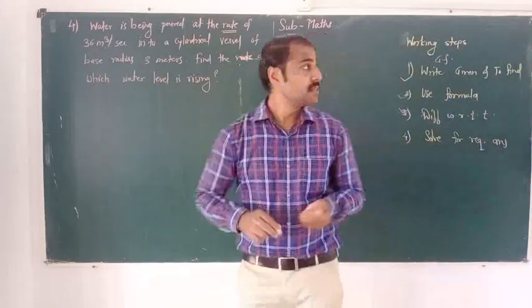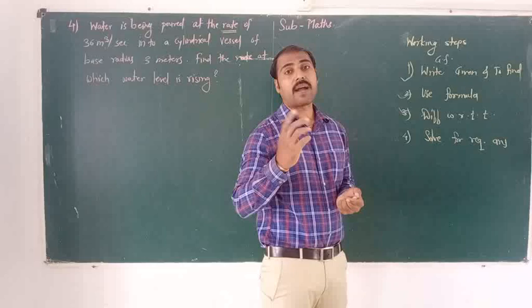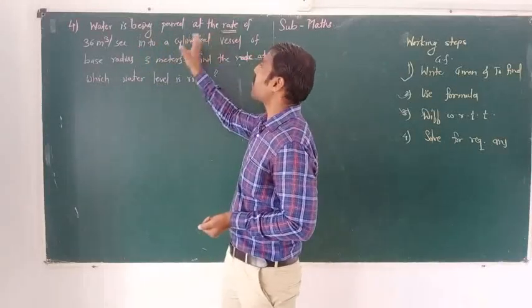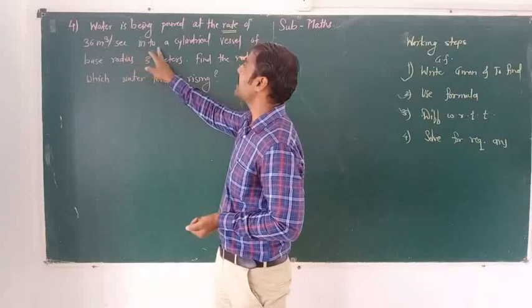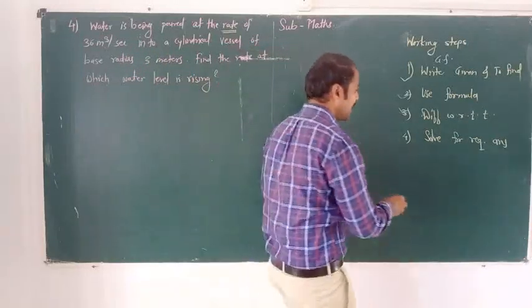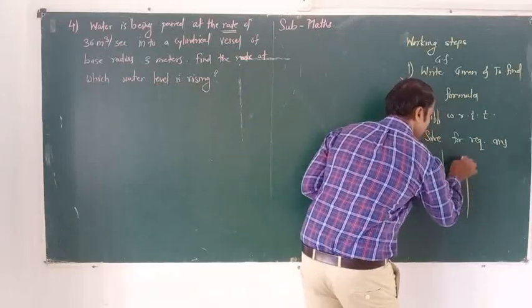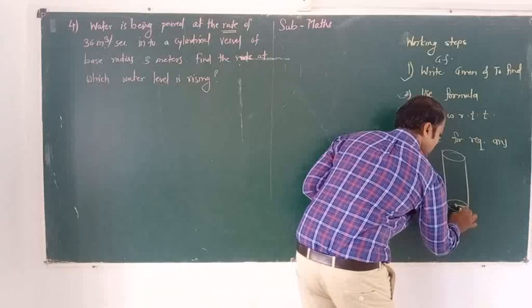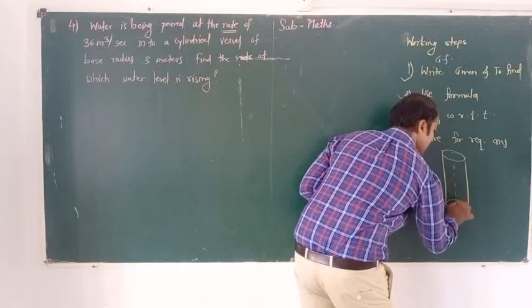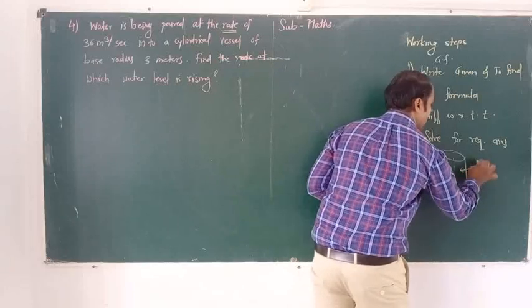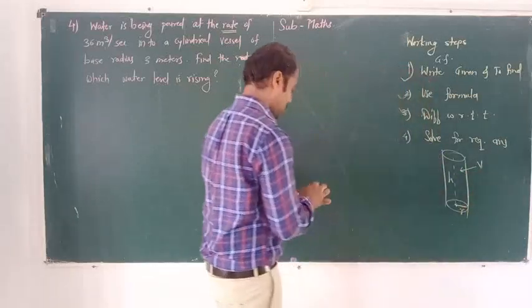First step is find the geometrical figure. Cylindrical vessel means clearly the geometrical figure is a cylinder, and a cylinder has quantities, yes, base radius, height and volume.